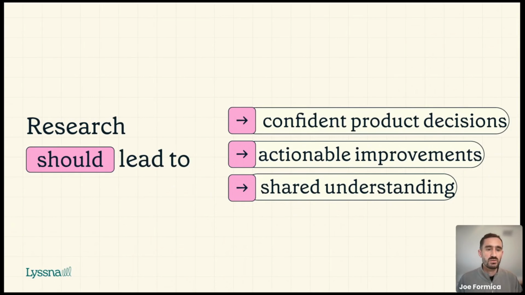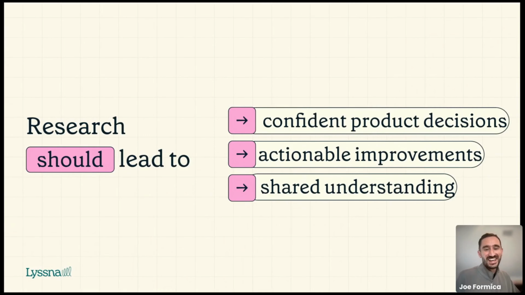And finally, research should lead to a shared understanding, a baseline level through your team and maybe even other areas of your organization about your users, their needs, the feedback that you're getting, the specific criteria that you're basing decisions on.